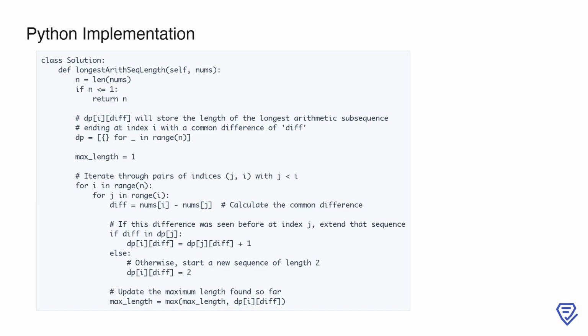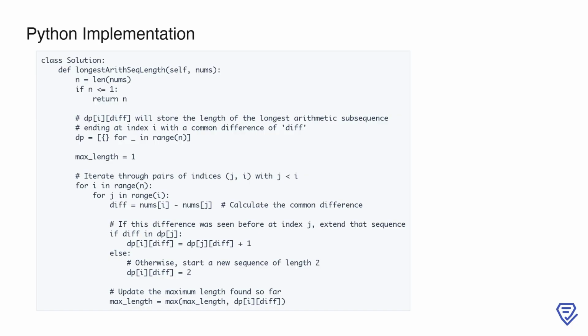Now, we use a nested loop to iterate through all pairs of indices, j and i, where j is less than i. For each pair, we calculate the common difference diff between the two numbers at these indices. If this difference already exists as a key in dp[j], it means we can extend the corresponding arithmetic subsequence by one more element. In this case, we update dp[i][diff] to be dp[j][diff] plus 1.